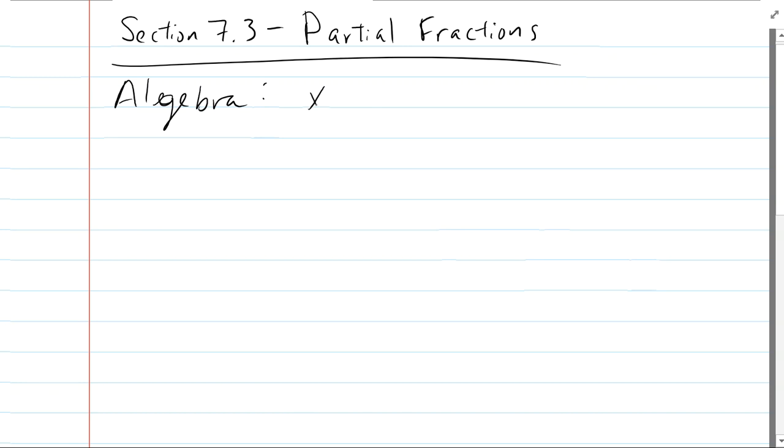For instance, if you see x to the fifth plus x to the fourth minus x minus 1, you learned to regroup. You learned to group this and factor out a common factor.